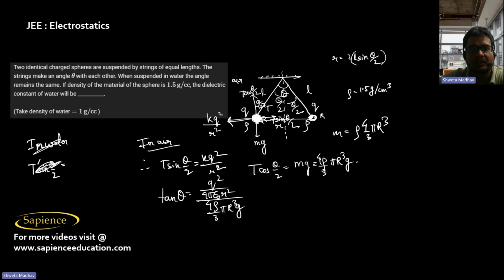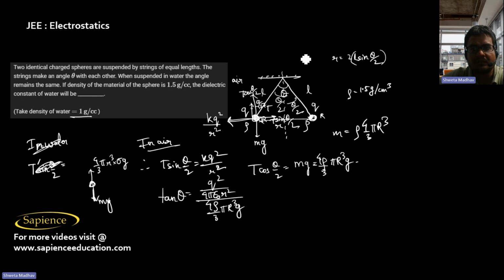Here there will be an upthrust acting, that is v rho g, which is 4 by 3 pi R cube into the density of water, 1 gram per centimeter cube. Let's call the density of water sigma, into g.